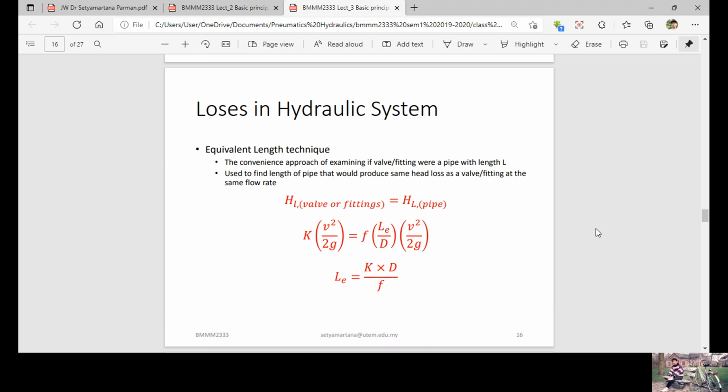Then the losses in pipe also depend on the length of the pipe. So there is a technique called the equivalent length technique.